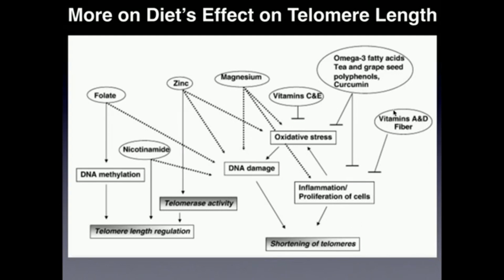For example, vitamins A and D, those are two fat-soluble vitamins, and fiber will actually slow down inflammation. They will actually inhibit inflammation and reverse it, actually, which prevents shortening of the telomeres. In addition, omega-3 fatty acids such as DHA, along with some vegetable and plant-related compounds, polyphenols, curcumin, these are potent antioxidants, and antioxidants inhibit and reverse oxidative stress.